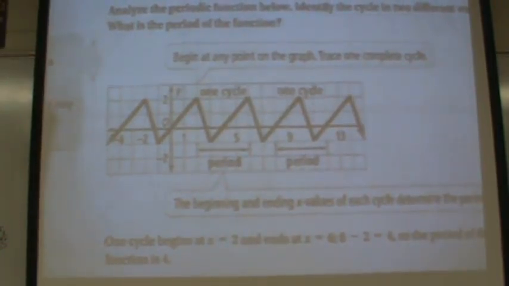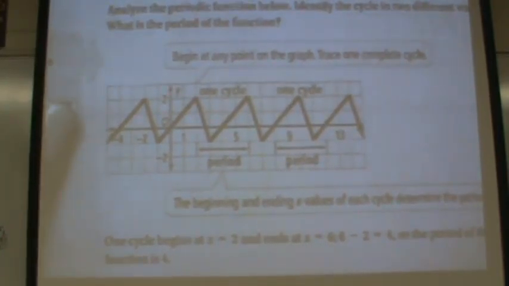Now, the length of a period is where you can identify the cycle beginning and ending. And it can vary depending on where you start your cycle. For example, if you're looking at the waves coming in at the ocean, that's periodic. But where would you say the cycle begins?